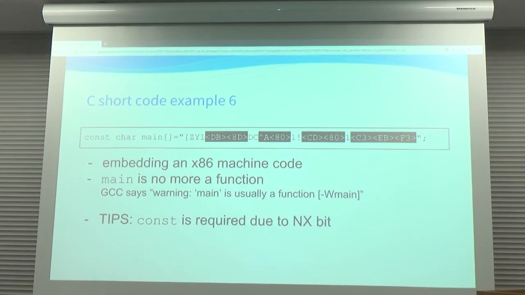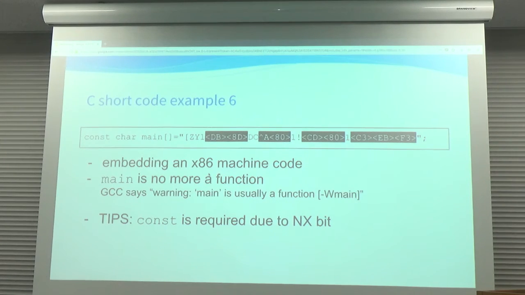The final example is C code, but embedding x86 machine code. So main is no more a function. And when I compile this program with -w, GCC says, warning, main is usually a function.